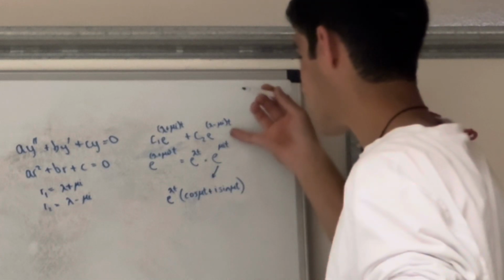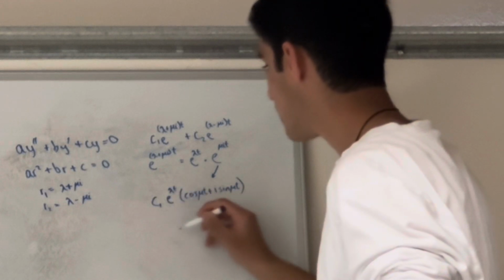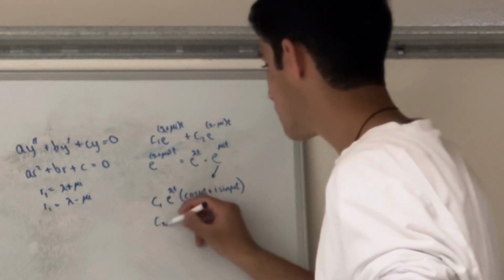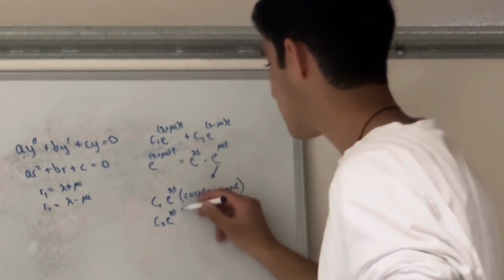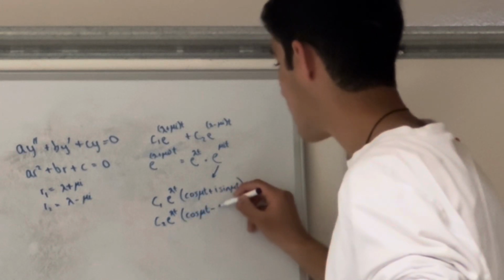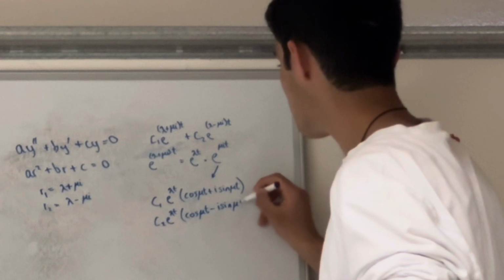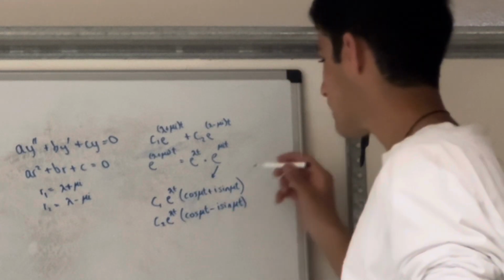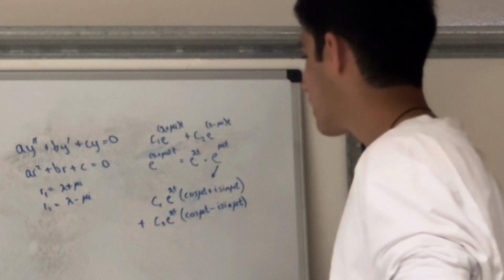We can follow a very, very similar process for this. So we've got c1 and then this, and then we'd have c2 e to the lambda t. You can work this out on your own, I encourage you to do that. Cosine of mu t, and this will be minus i sine of mu t. And we're adding these up, so let's go ahead and do that. What are we going to get?